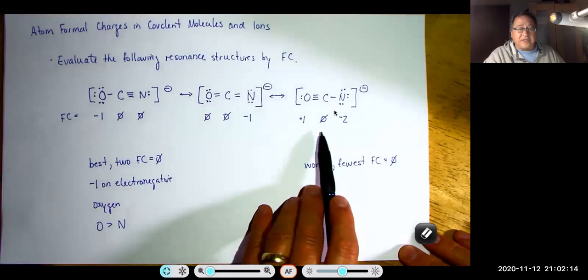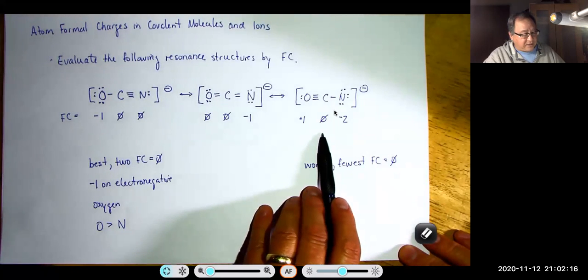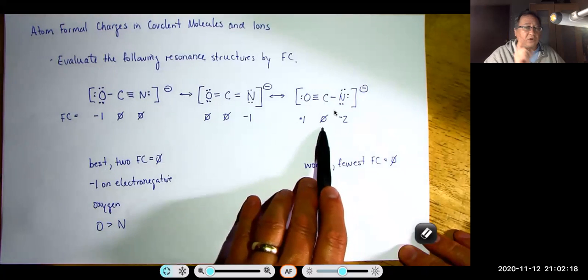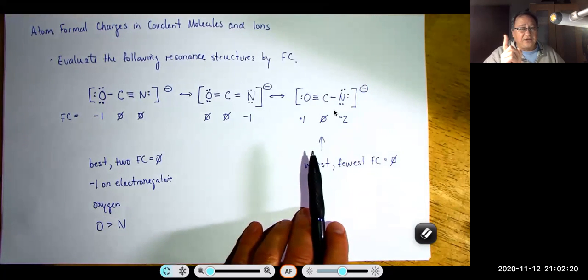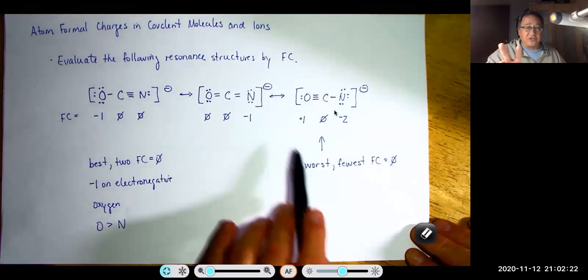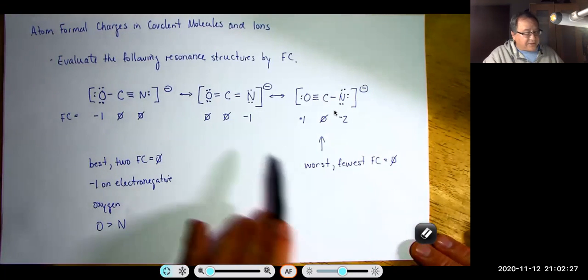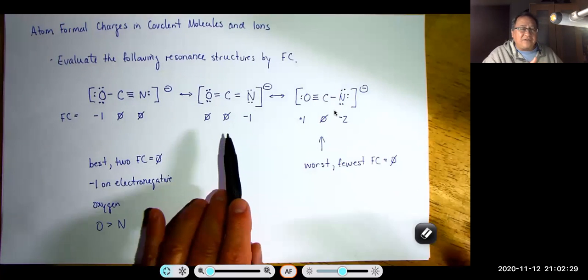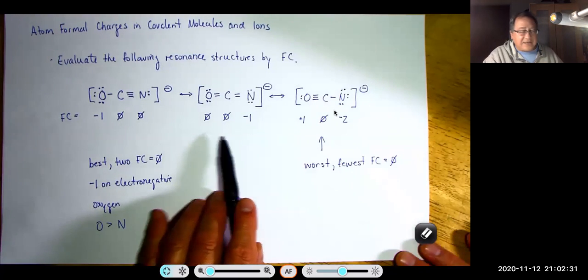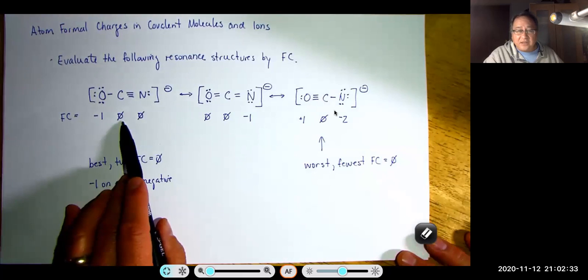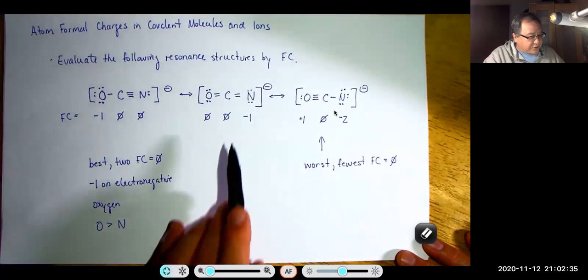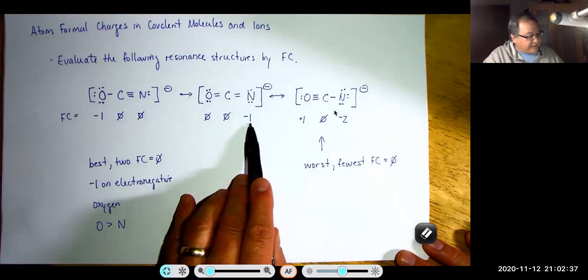What about this one? Well, this one you really do not like because you have a formal charge of 0 on only one atom, and you have formal charges that are not 0 on 2 atoms, so you really don't like this one. What do we think about this one in the middle? Well, it's kind of okay, but clearly not as good as the one on the left. The reason is that nitrogen is not as electronegative as oxygen.